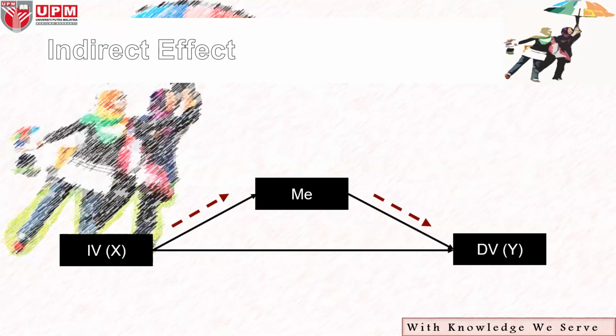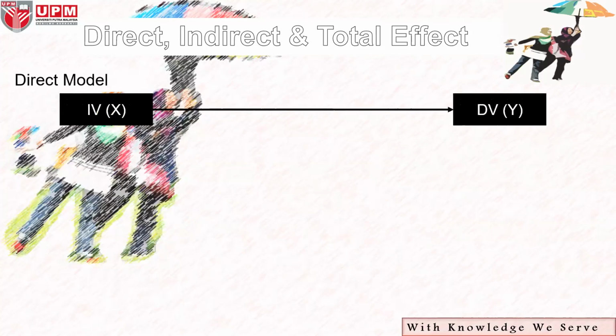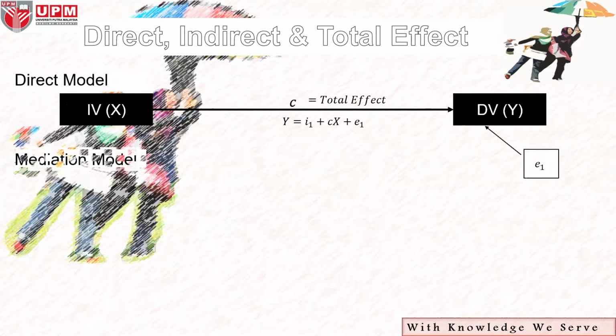Okay, meanwhile, the indirect effect ni referring to the path from alpha, beta, IV to mediator and mediator to DV. Okay, so the effect of X on Y through M. Okay, the direct, indirect, and total effect. So this is the direct model. C just reflects the total effect.